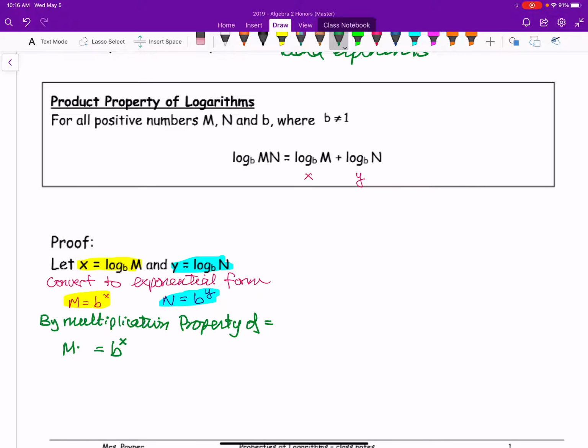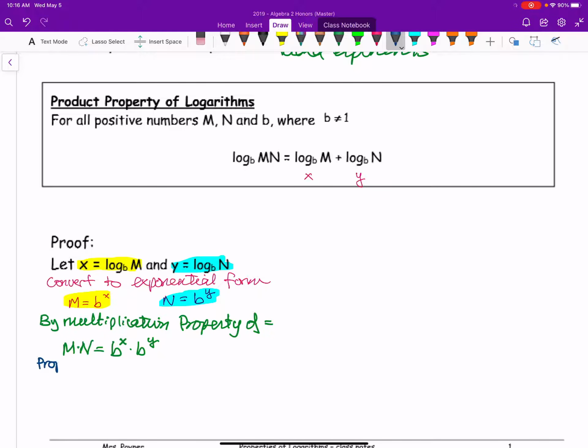I'm going to multiply both sides by n. But n on the right-hand side is equal to b to the y. So I'm multiplying by something that's equal on both sides of an equal sign. That's why it's the multiplication property of equality.